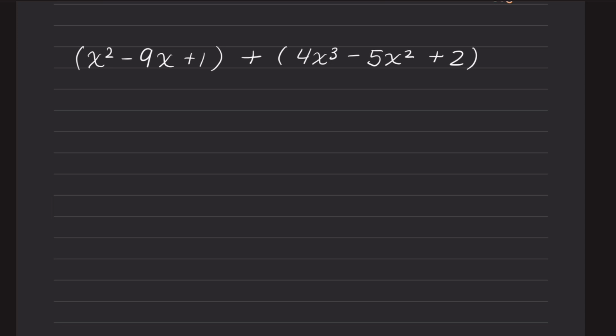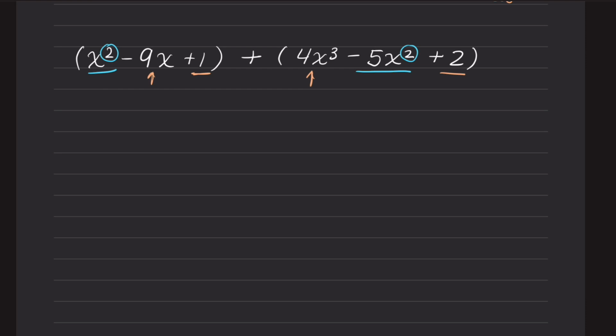And what I mean by like terms is terms that have the same exponent. So for instance, I have this x squared term and this minus 5x squared, and so these are actually like terms and I can combine them, right? Same thing with the constant terms 1 and 2. And then we'll notice that we only have one x term, the minus 9x right here, and we only have one x cubed term, which is this 4x cubed.